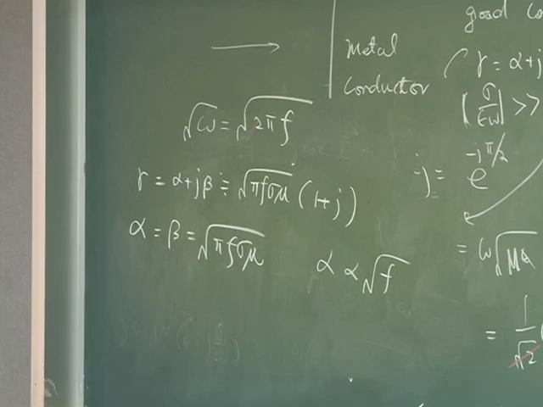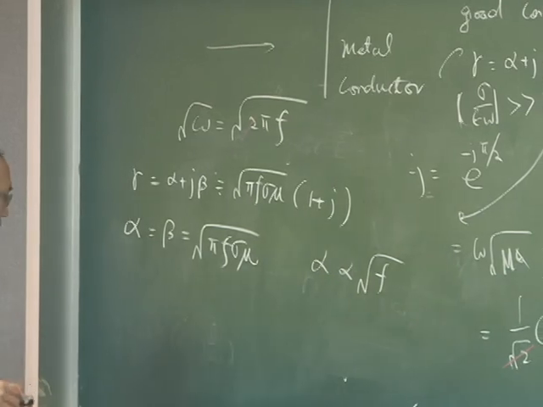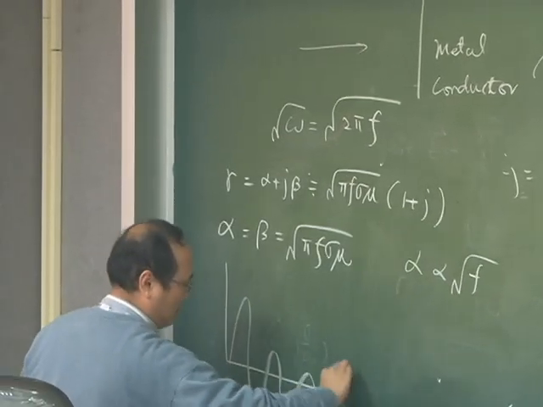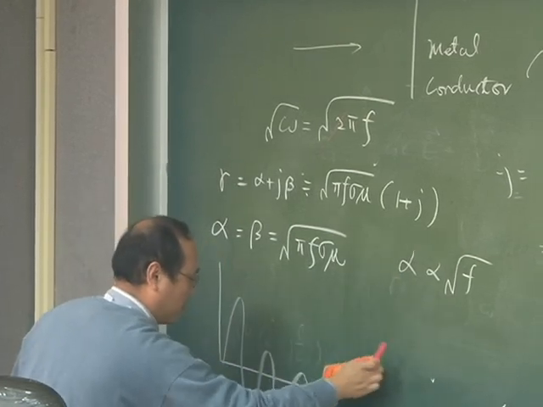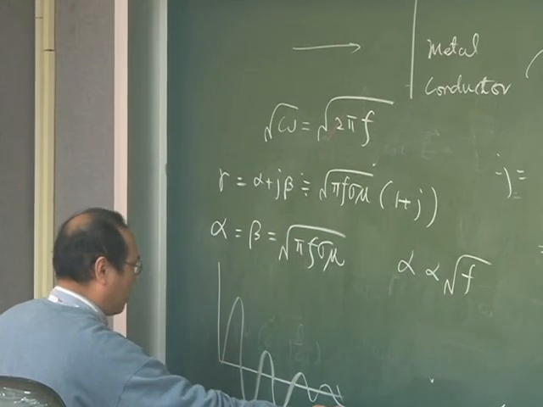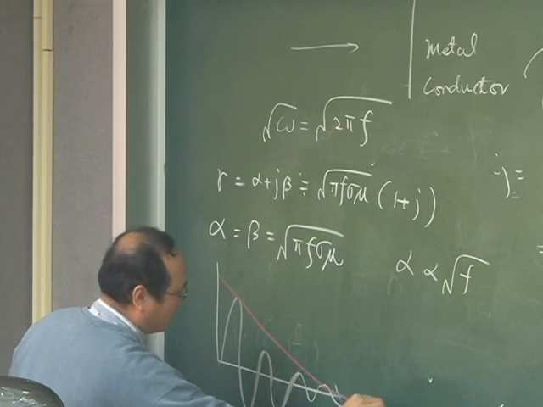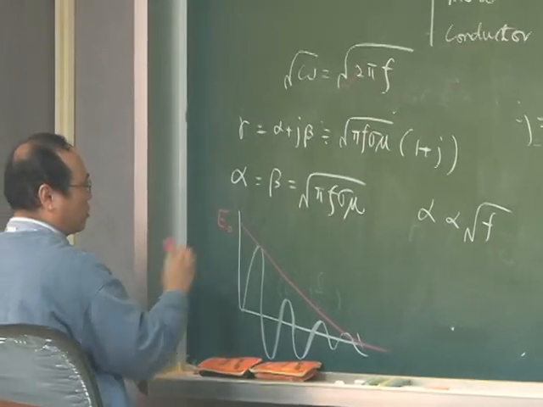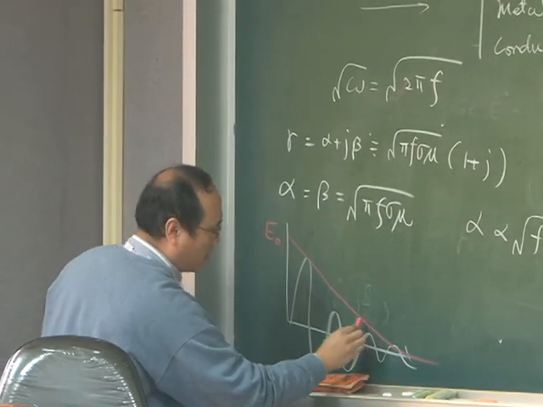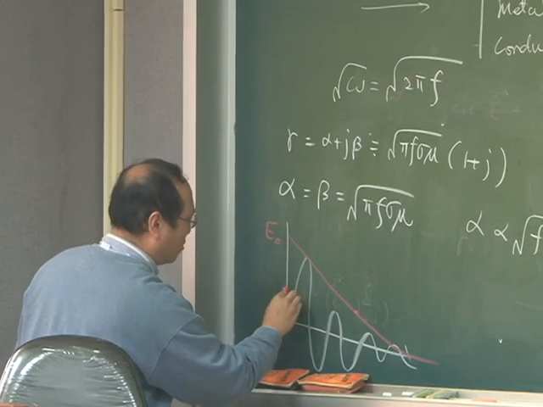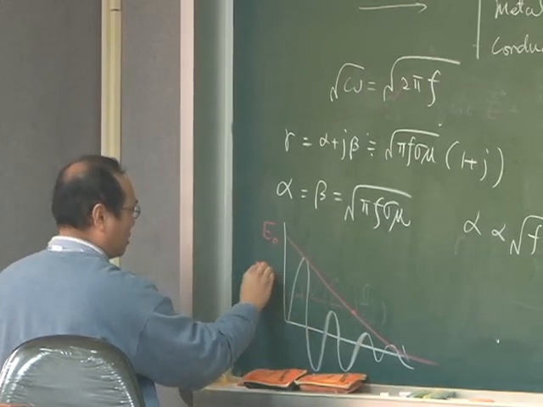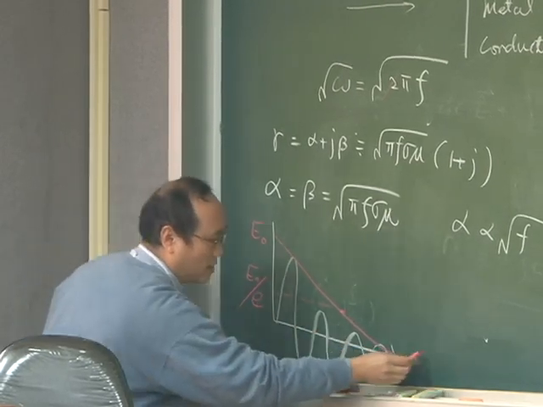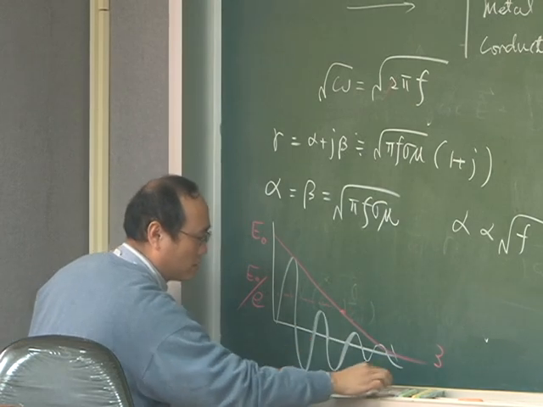Okay, and how fast this amplitude is going to drop like this. All right. Say initially you have E0, and then at some point you have E0 divided by e, and this distance we call z.